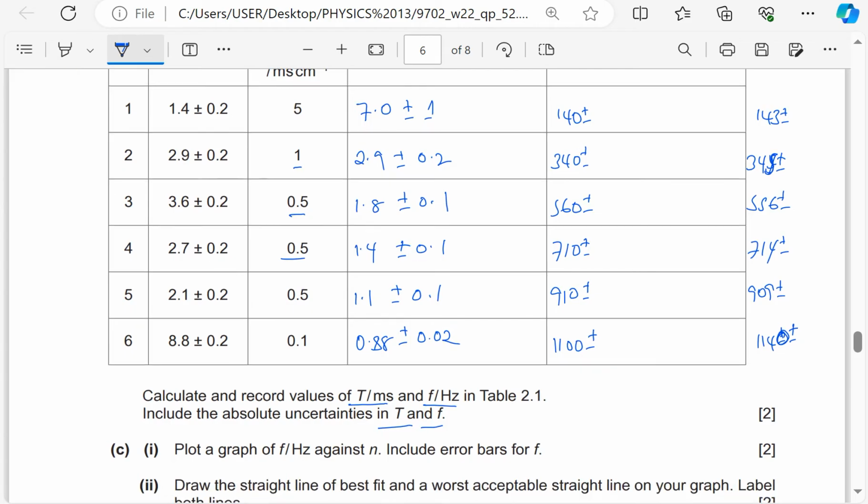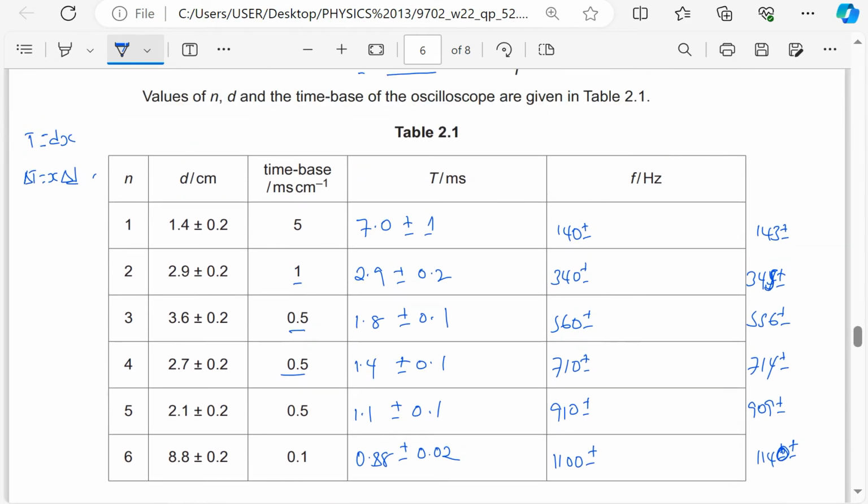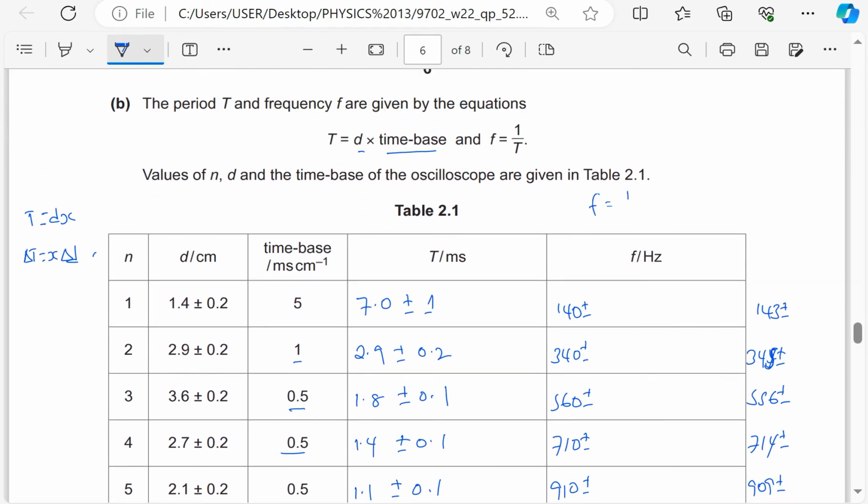For the uncertainty, remember this one has been f equals 1 over t, and of course the absolute uncertainty in f is going to be the absolute uncertainty in t over t, times the value of f. So for the first one, the absolute uncertainty in t is 1, divided by the value of t, which is 7, times the value of f, which is 140.